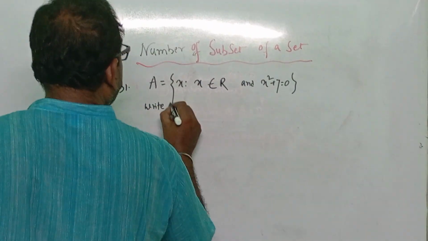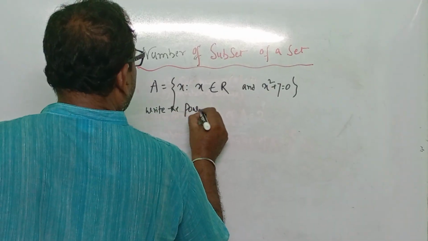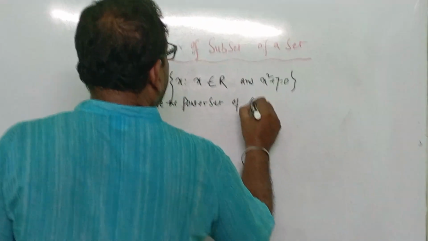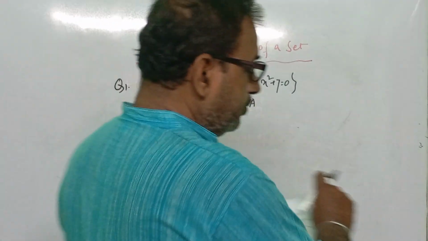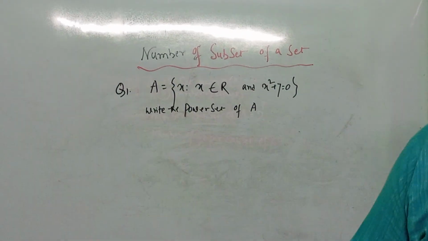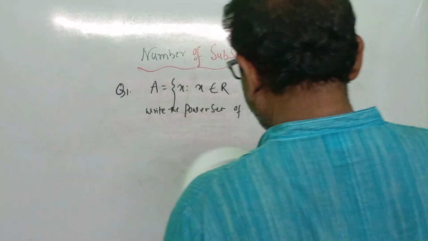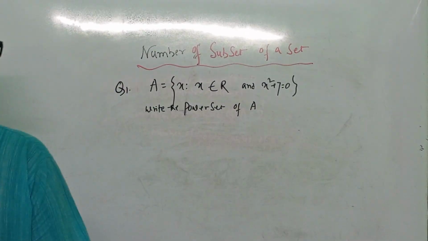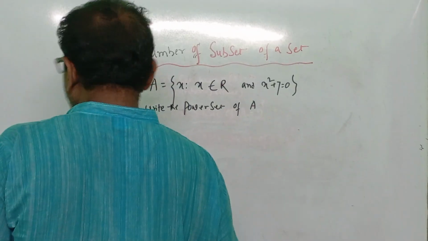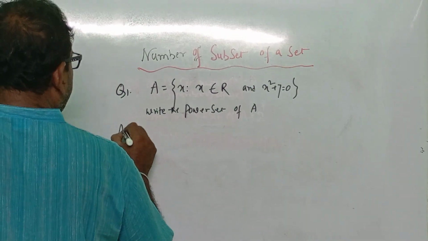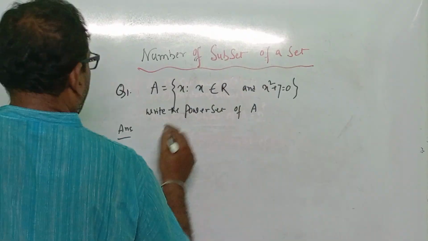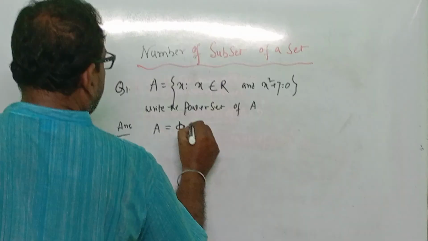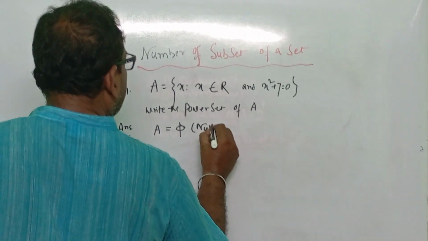Write the power set of A. Now X square plus 7 has no real solution, so X is not a real number, so A is the null set.